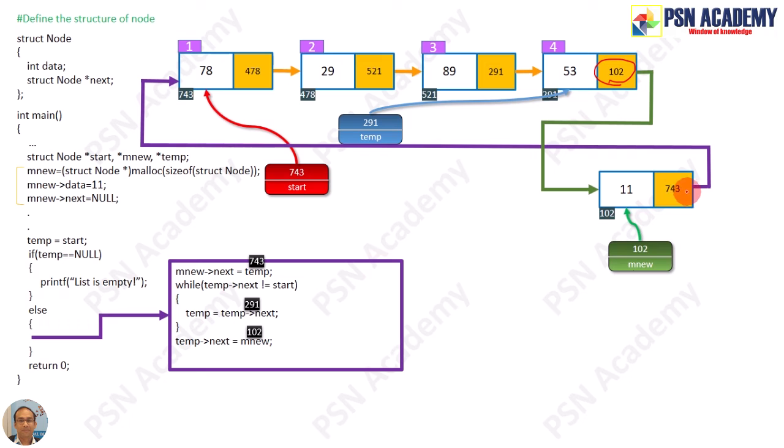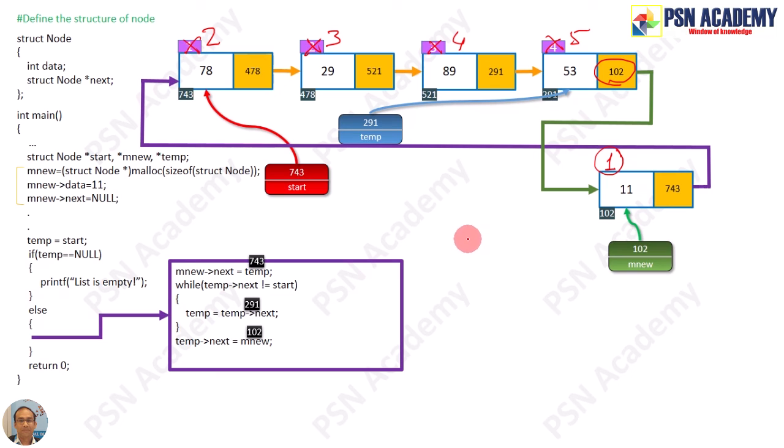So you already have the next pointer of the new node pointing to 743 and the last node here pointing to the node at 102. So definitely this has become the first node now, and the one which was first before has become the second node, and this has become the third node, fourth node, and the fifth node.